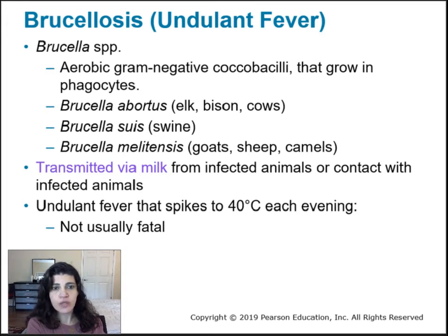It affects what we call the reticuloendothelial system, which is where the macrophages are, all the phagocytes. So it's part of the immune system and it makes the immune system compromised because your phagocytes are compromised, right? But it's not usually fatal, okay?